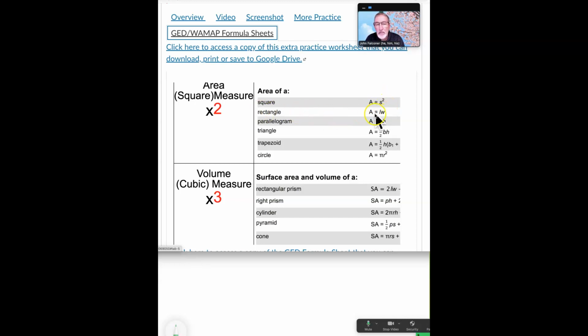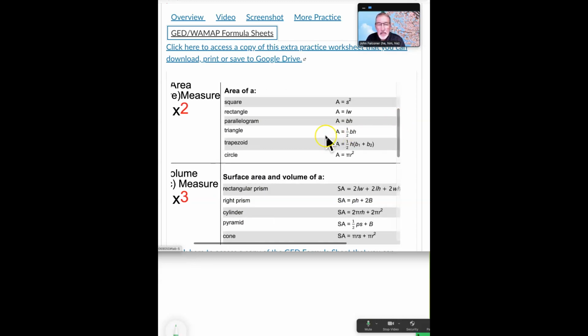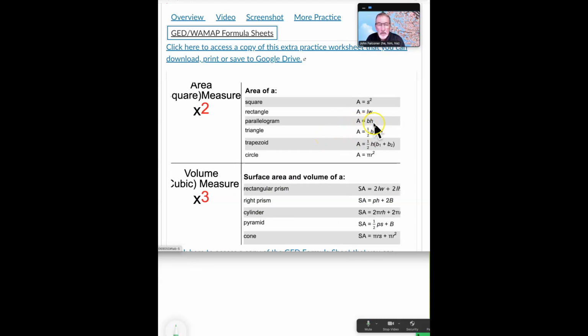And this rectangle, LW, is one side times another side. And even the parallelogram, they have here BH, base and height. We're going to find the equivalent square inside of a parallelogram and calculate that area, and that's how we will get the area of a parallelogram.